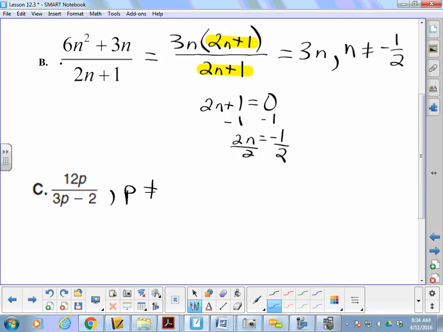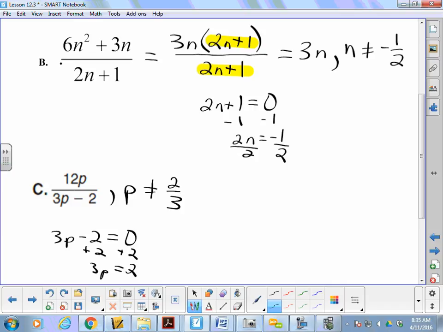No, good try. Remember, we got to take the denominator, set it equal to 0, and solve. So we add 2 and divide by 3. So it's p cannot equal 2/3.